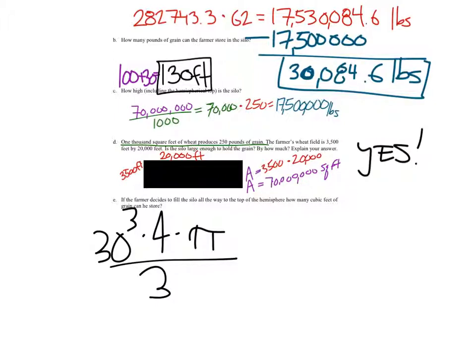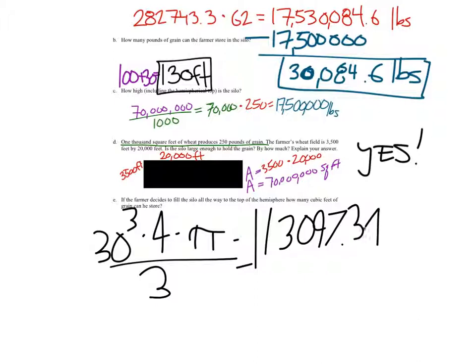If we calculate that, 30 cubed times 4 times pi divided by 3 equals 113,097. Then we divide that by 2, which gives us a total of 56,548.67.